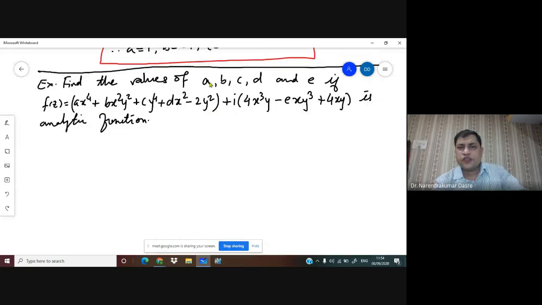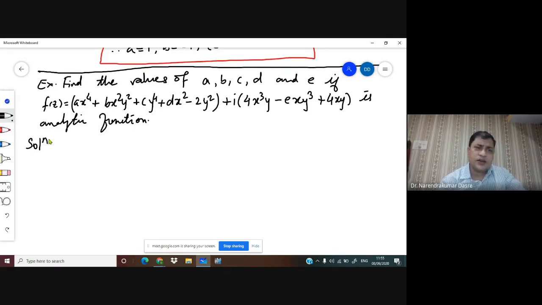So here you have these five coefficients, A, B, C, D, and E, and we have to find the values of the coefficients when we know that this function is going to be analytic. The approach will be similar to the one we used in the previous example.